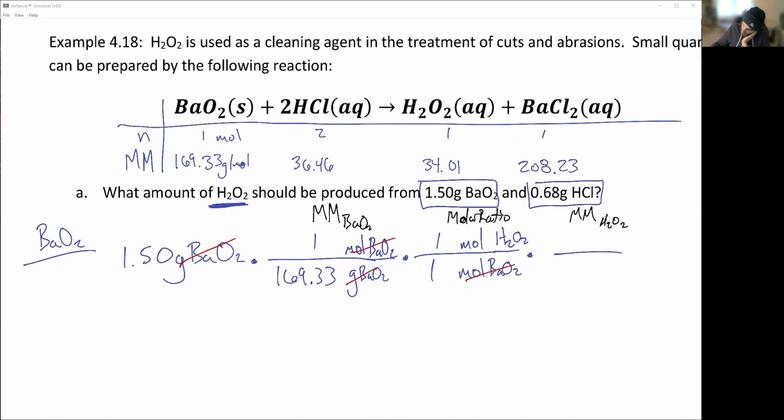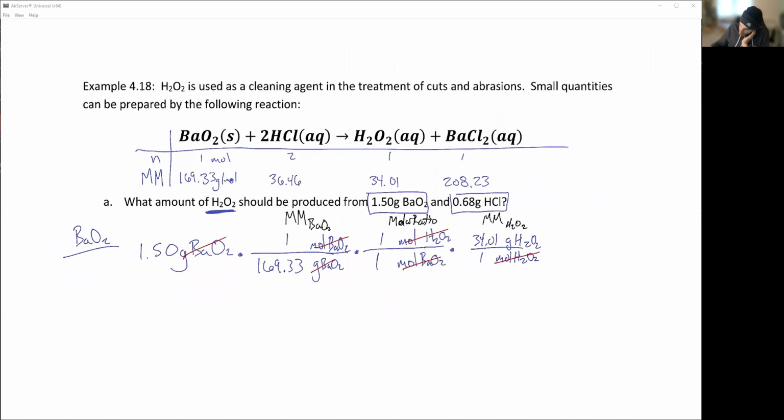And then finally, I want to convert into grams of H2O2. So moles of H2O2 over grams of H2O2: 34.01 grams over 1 mole. And then moles of H2O2 cancels. Let's do the math. I'm going to pause this and do the math quickly.